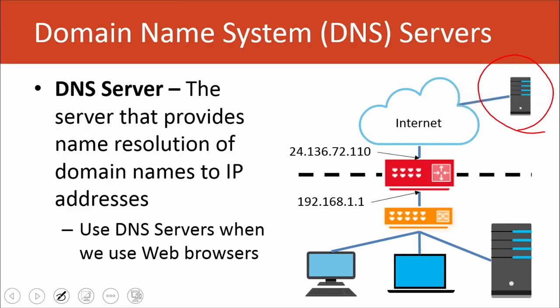And then that DNS server is going to send us back the IP address for bing.com. That's the actual IP address for Bing. And if you type that into your browser right now, you actually should be able to access Bing without typing in the name. But what that DNS server did was translate that name into an IP address that we can then use to access the web server where Bing is located.